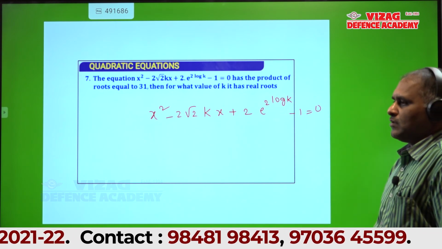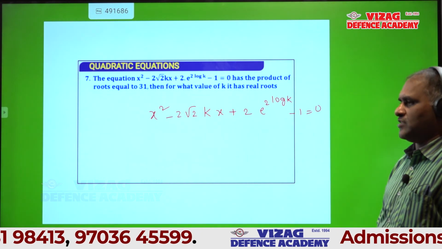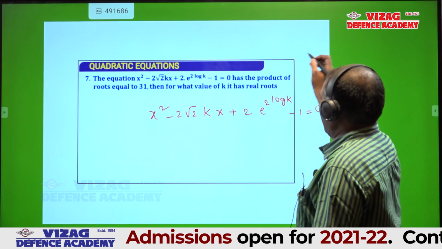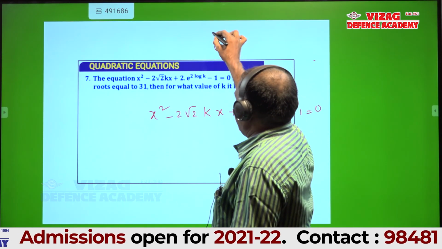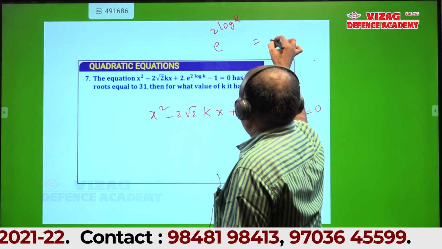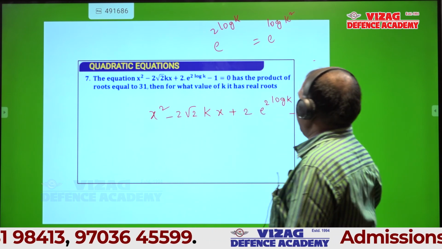Product of roots is c by a. Here is one small hint I can give. e power 2 into log k is equal to e power log k square.